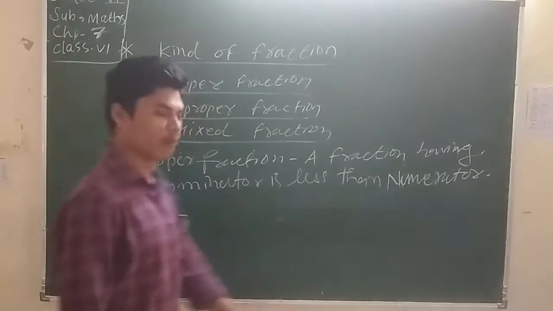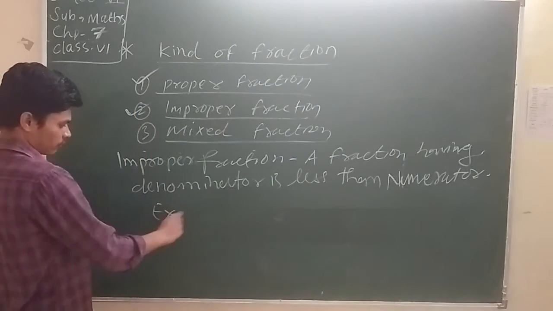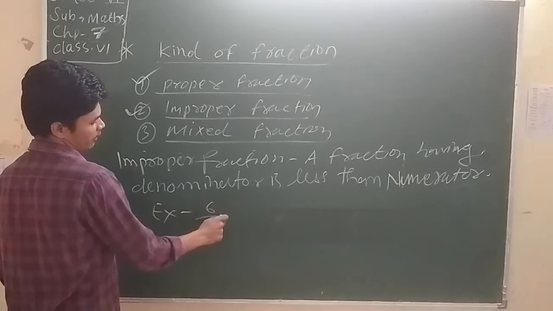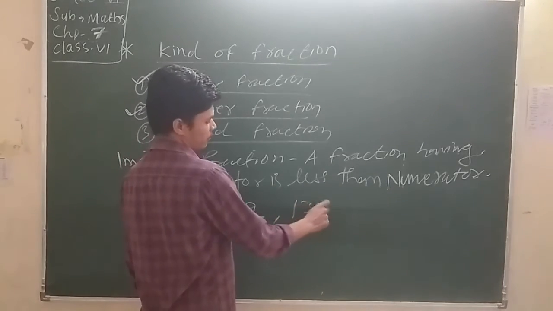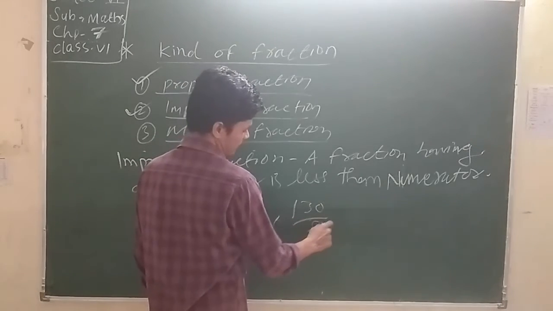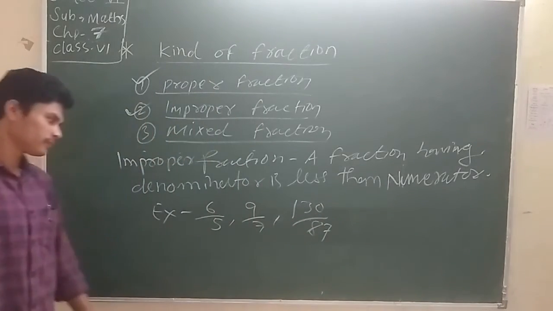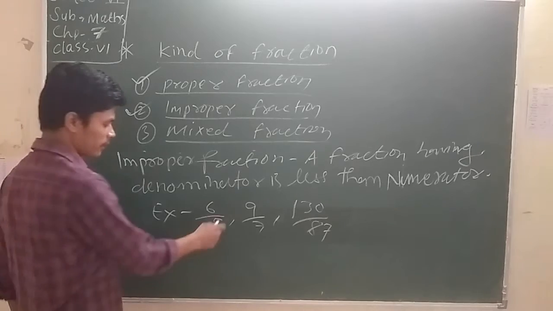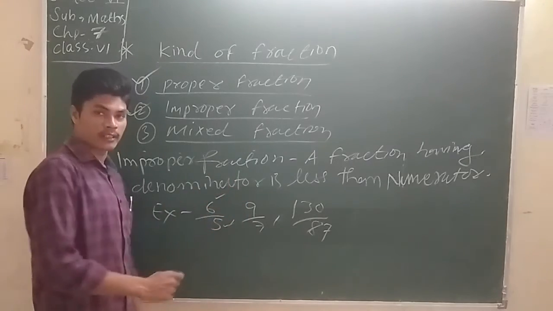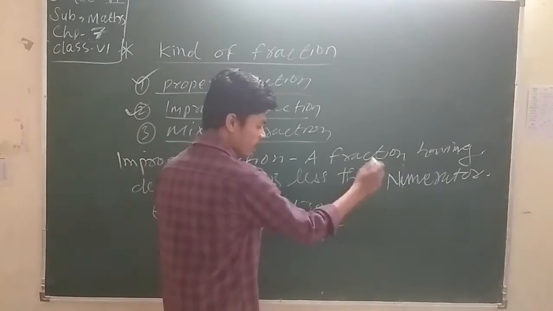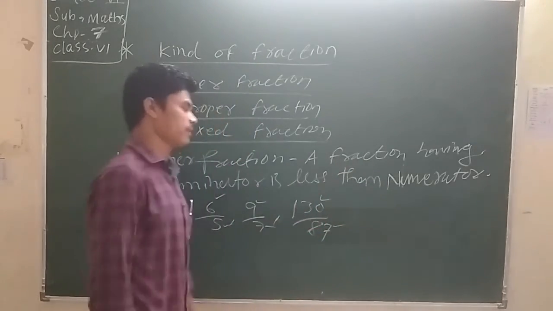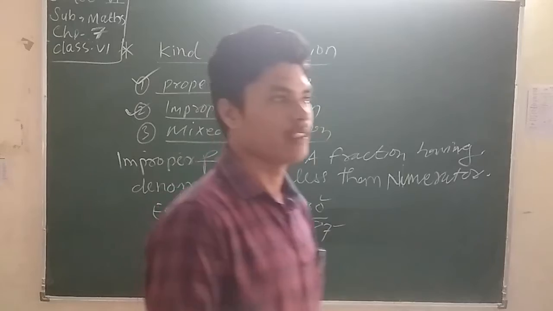What are the examples? 6 by 5, 9 by 7, 130 by 87. See what we observe here. Denominator 5, numerator 6. Denominator 7, numerator 9. Denominator 87, numerator 130.